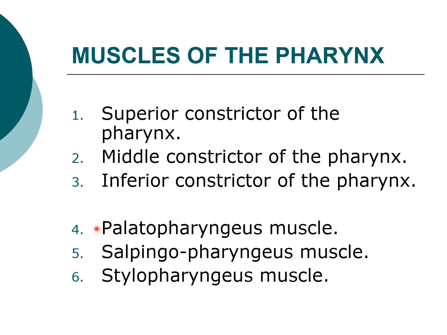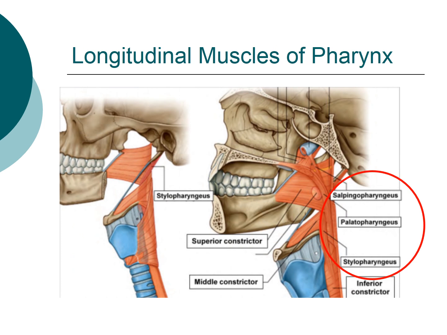From which part of the palate? We have taken a lecture about the palate before, and most of the muscles are attached to the palatine crest and palatine aponeurosis. This is the origin of this muscle. This diagram here shows the three longitudinal muscles.